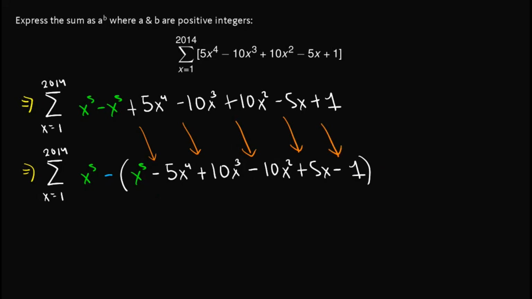Maybe you're asking why we did that process, and that is because this one out here can be written as x minus 1 raised to 5. So we show that this is indeed true.